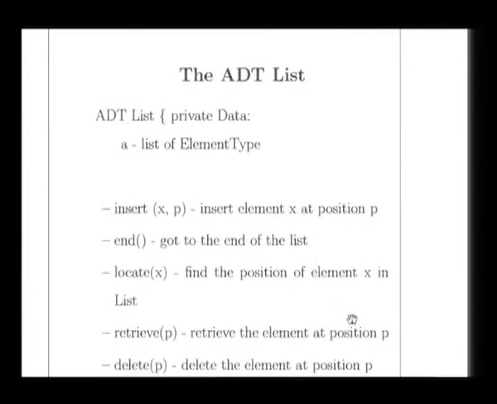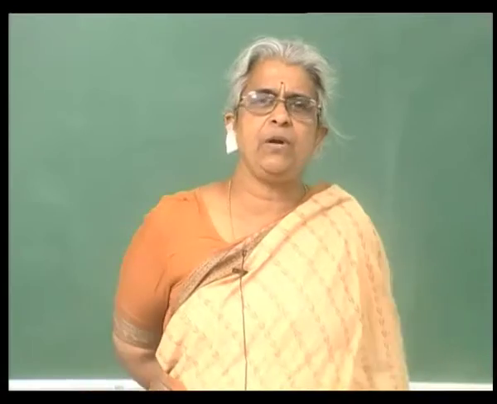Now what are the things that you would like to do in an ADT list? When you want to define an ADT list, it could be a list of people, for example. I can have a list of students who are interested in music, a list of students who are interested in sports, and so forth. It can be any kind of list. What are the things that we would like to do?